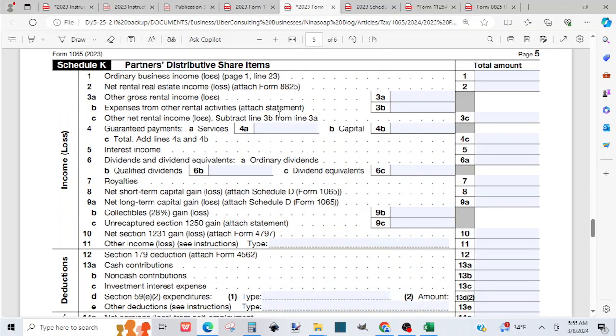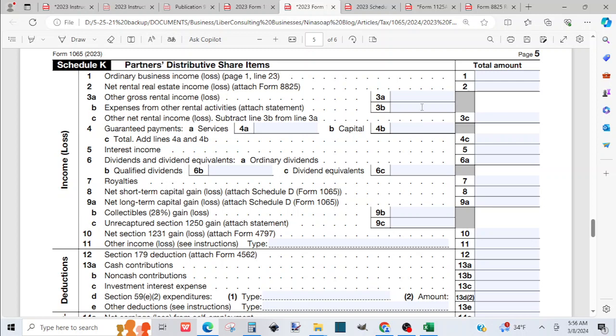Okay. If you have a rental activity other than real estate, other gross rental income or loss, they have line 3 for you to put the income, and then expenses from other rental activity.